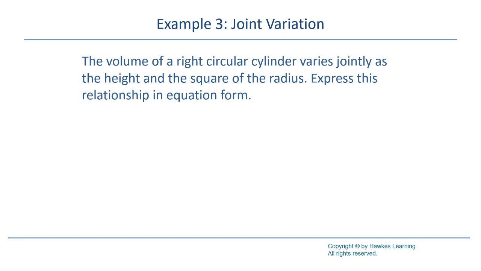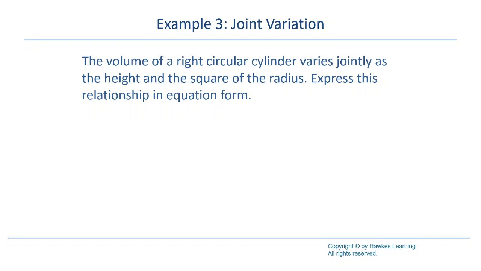So the volume of a right circular cylinder varies jointly as the height of the square of the radius. And these are kind of hard to read sometimes. Good Lord. I'm coming up on my 3rd year teaching college math, and sometimes I still struggle to read these problems.